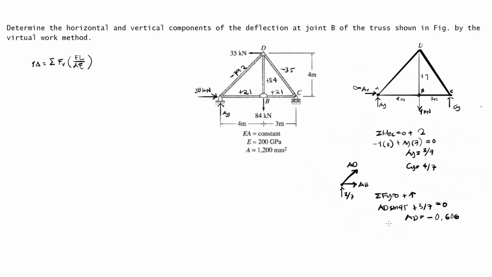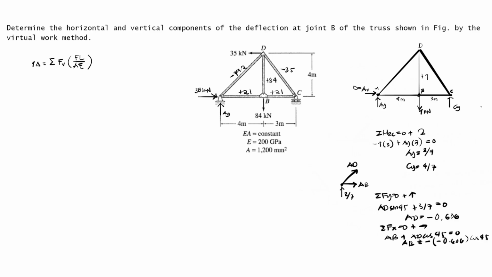0.606 yung AD natin. So, ang AB natin, summation of forces along X para makuha yung AB. That is AB plus AD cosine 45 degrees is equal to 0. So, ang AD natin dito is negative, yung AD natin is negative 0.606. So, magiging positive siya.